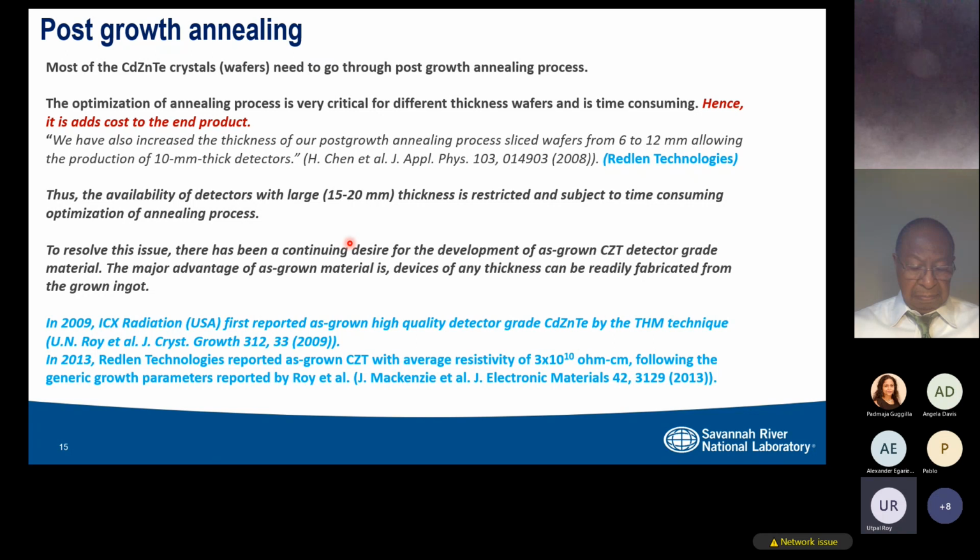For example, suppose you have a 1 centimeter thick glass block and you immediately put it in 100 degrees centigrade boiling water. The glass block will immediately crack, right? Because the glass has very low thermal conductivity.